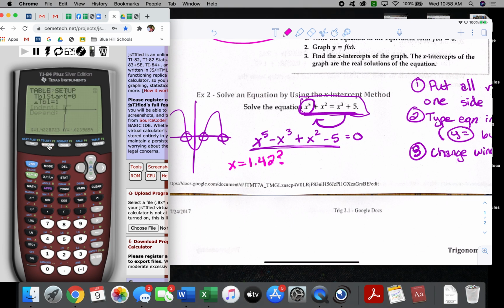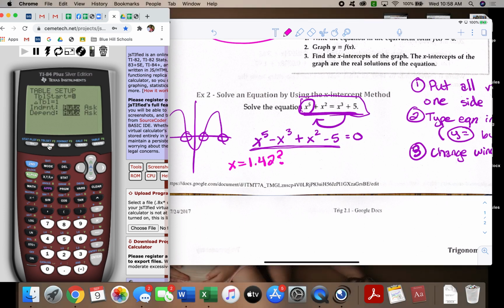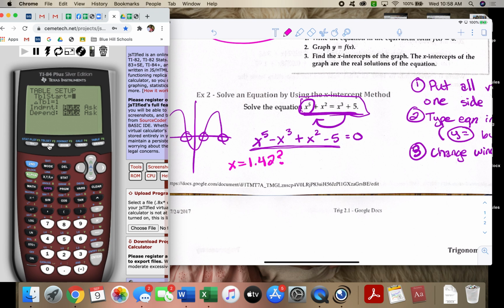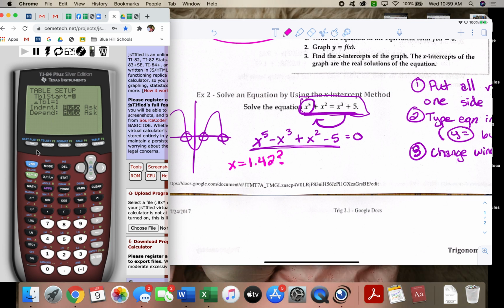So go second window. Which will go to table set, okay? And I want the table to start. This says table start. I want to start it at 1.42 because that's where I'm guessing is pretty close to the actual number.